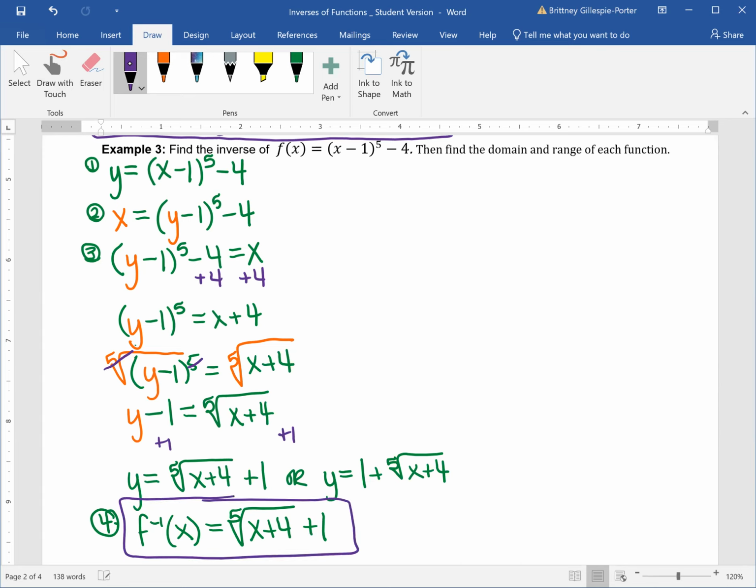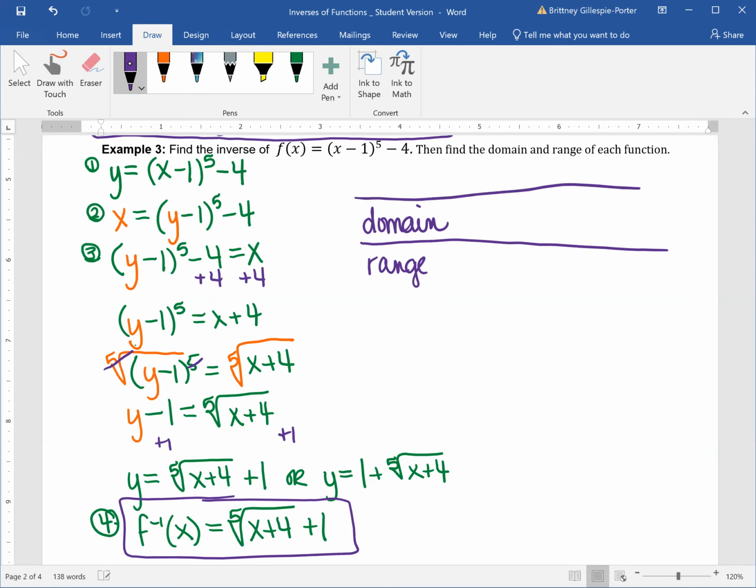Okay, so domain and range of each function. Let's go ahead and do our chart. We're going to have domain and range on our side. We have our original function.